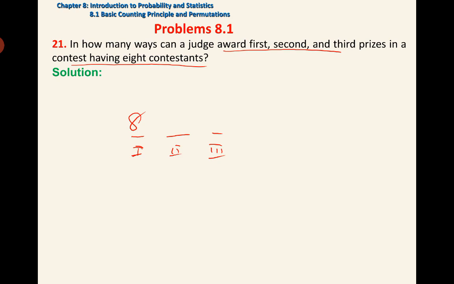So out of 7, 1 should be chosen. So 7 ways are there to get second place. If 2 members are chosen for the first 2 places, there are 6 members remaining. So it is 8 into 7 into 6. Use a calculator, you will get 336 as the answer, which is actually 8 members, 3 places: 8P3, permutation of 3 members out of 8.